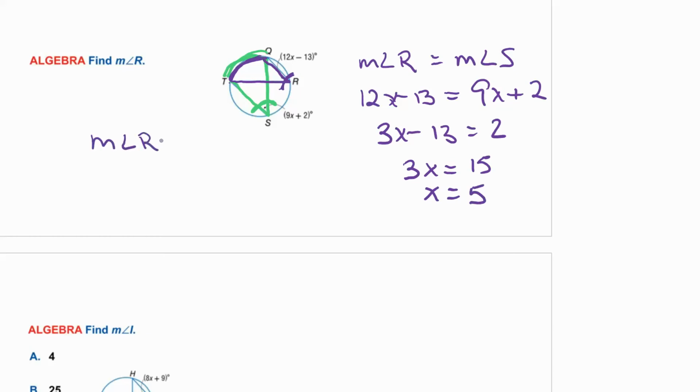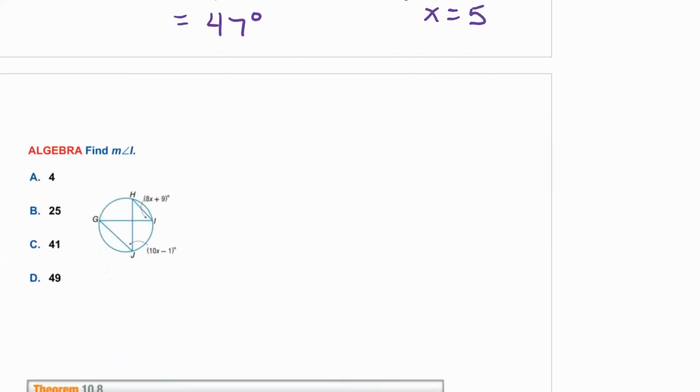We're going to plug that back into R, which gives us the measure of angle R is 47 degrees, which is also the measure of angle S.